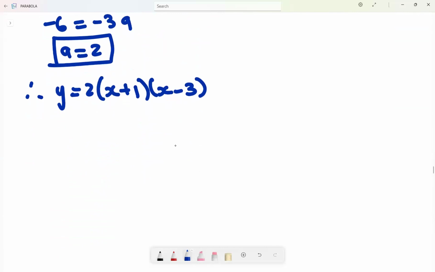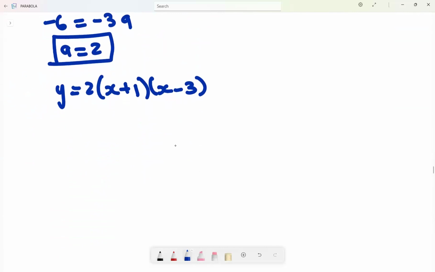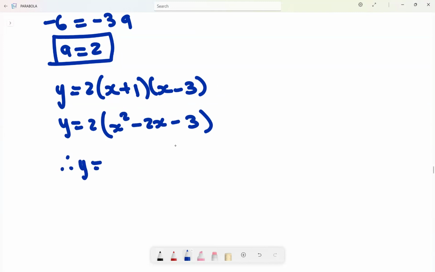And then, is it simplified? No. Therefore, you need to simplify this. y is equal to 2, factorize or simplify these brackets first. It's going to be x multiplied by x, it is x squared, minus 3x plus x, which is minus 2x, minus 3. And then, therefore, y is equal to 2x squared minus 4x minus 6.